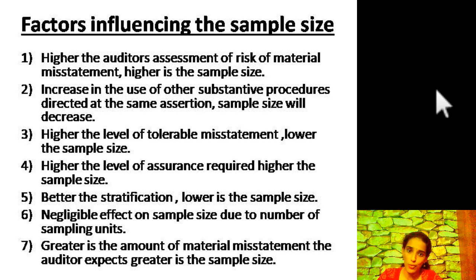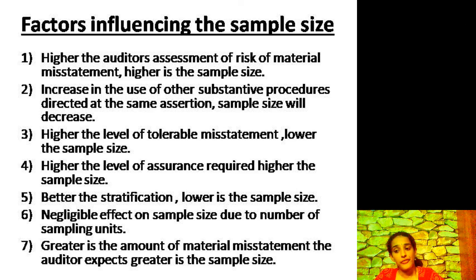More assurance, more is the sample that has to be checked. Better stratification, that means equal groups covering n number of transactions of varied nature, lower will be the sample size you need to select. Then the amount of material misstatement expected by the auditor: if it is greater, greater will be the sample size that has to be selected. And finally, with respect to your sampling units.